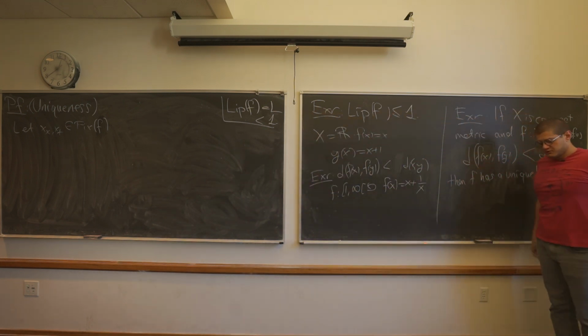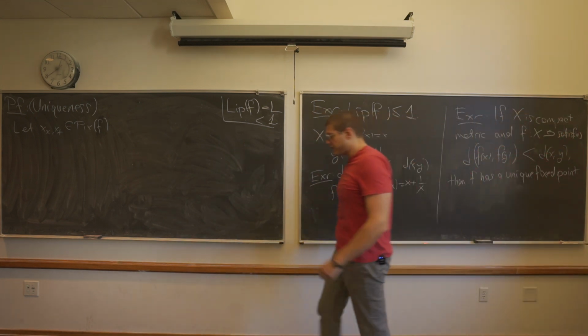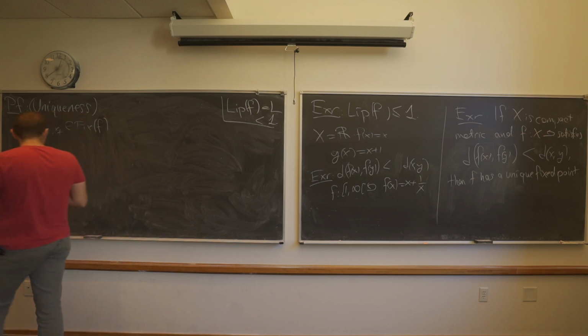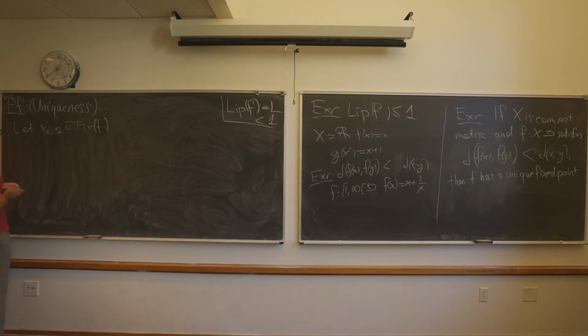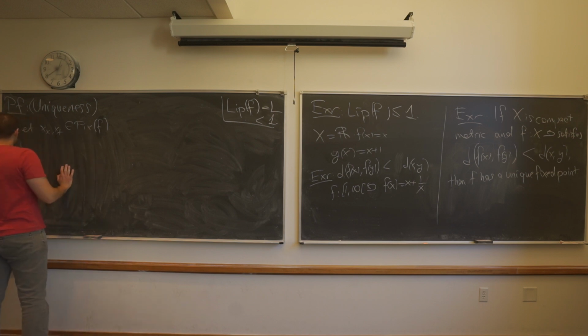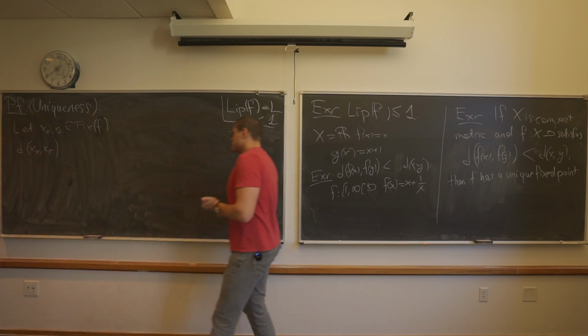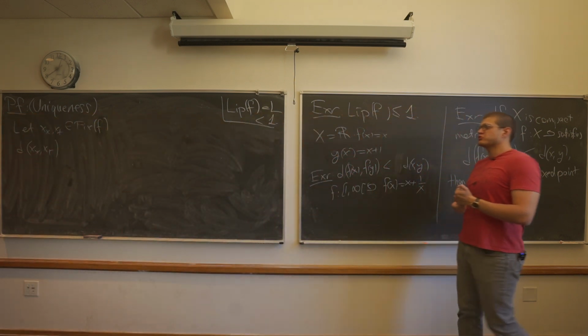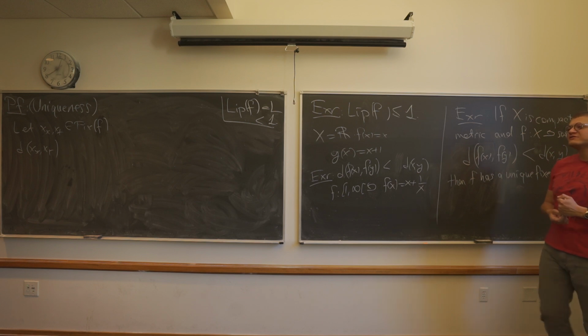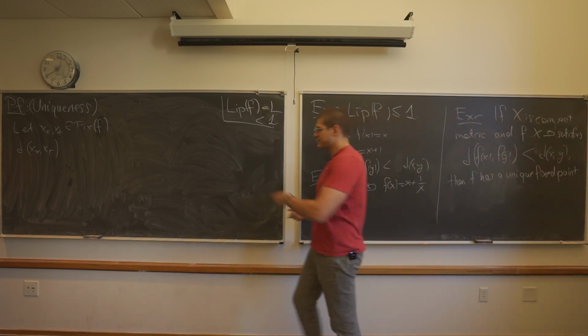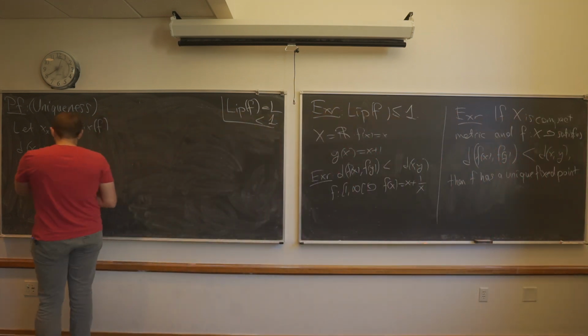We're going to have to use the properties of the metric. One thing I can do is to show that their distance is 0, and that's what I'm going to try to do. Now x star is a fixed point of f, which means that I can replace x star by f of x star, and likewise x dagger.